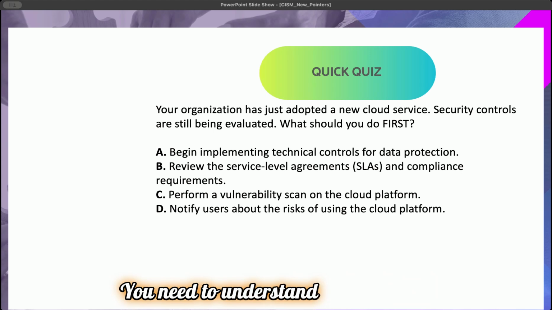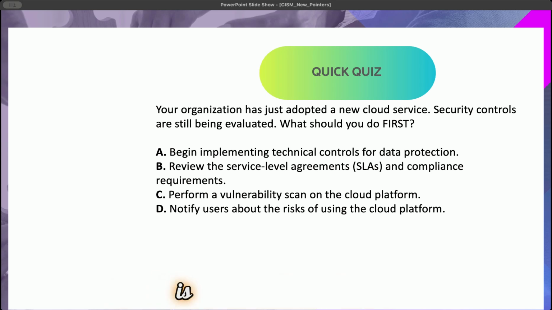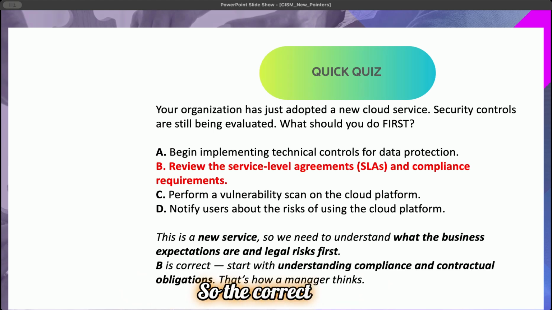You need to understand the SLA and compliance clauses, which help you to identify shared responsibility in the cloud model, understand legal, regulatory, and contractual obligations, and evaluate whether the service aligns with your organization's risk appetite or not. So the CISM mindset says governance and compliance is always thought before technology. You don't secure what you don't understand. So the correct answer is answer B.